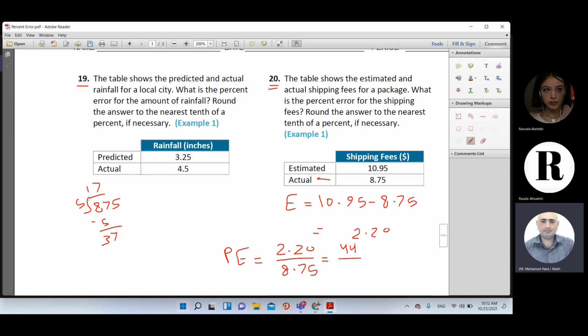We have here 7. 7 times 5 will be 35. Then drop here 5. 25 divided by 5 will be 5. So here we have 175. Now we want to change this fraction to the decimal.